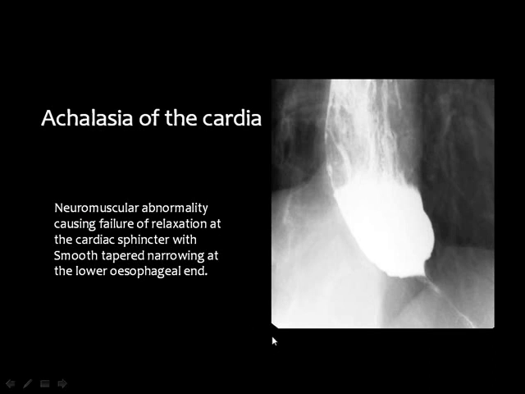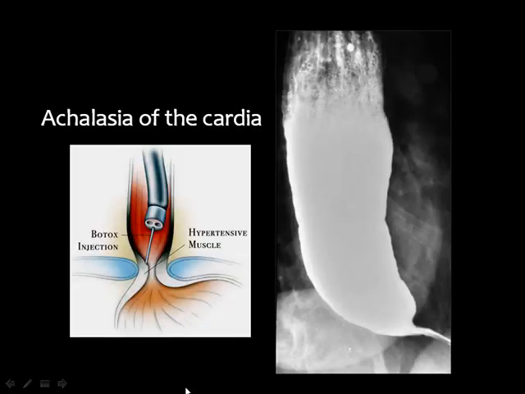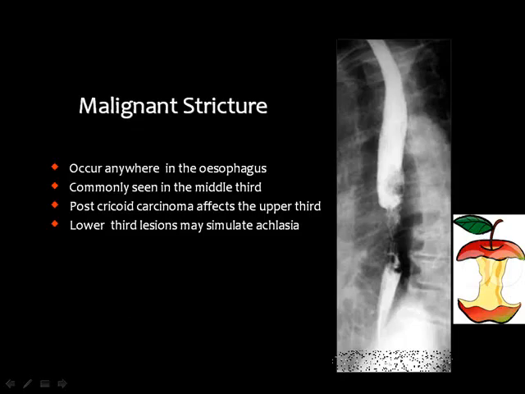This is the classic appearance of achalasia of the cardia, where you can see a benign area of narrowing in the distal part of the esophagus with marked proximal esophageal dilatation. This is also a case of achalasia of the cardia with narrowing of the distal part of the esophagus due to neuromuscular incoordination.